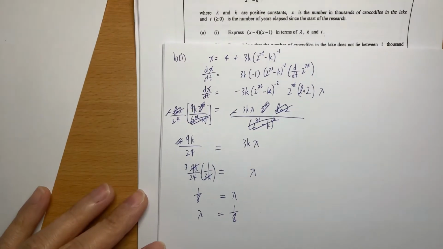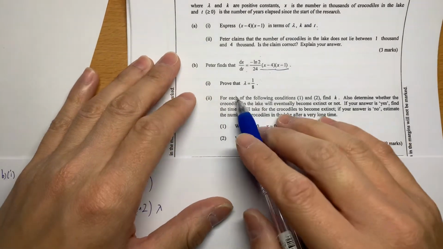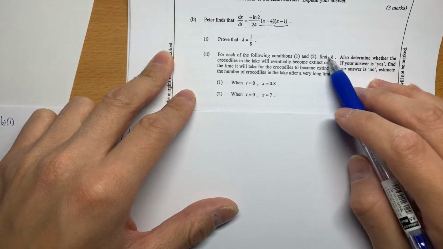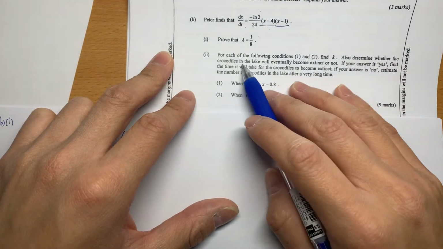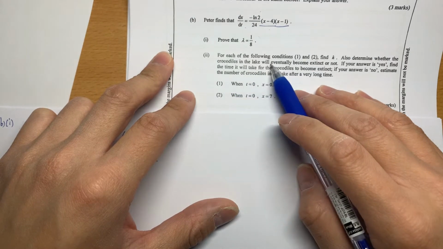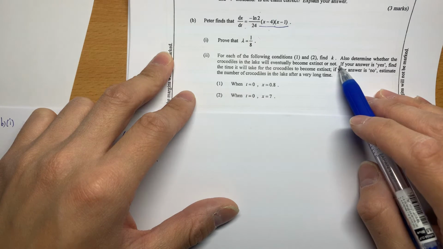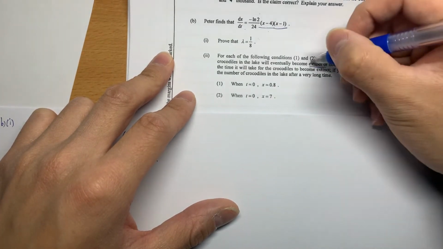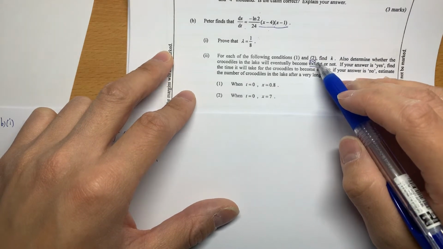After that, have a look at B2. For each of the following conditions 1 and 2, we also need to find k, and determine whether the number will eventually become extinct or not. Extinct means x becomes 0. Is there any time that will make x become 0?